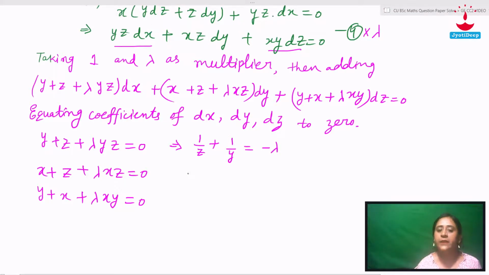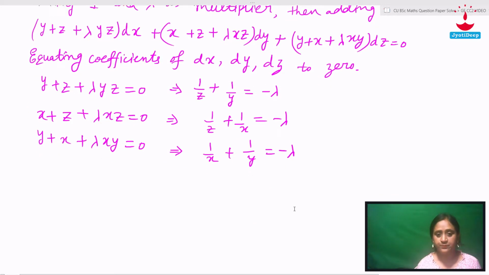Similarly here we will get 1 upon z plus 1 upon x is equal to minus lambda, and here we are getting 1 upon x plus 1 upon y is equal to minus lambda.